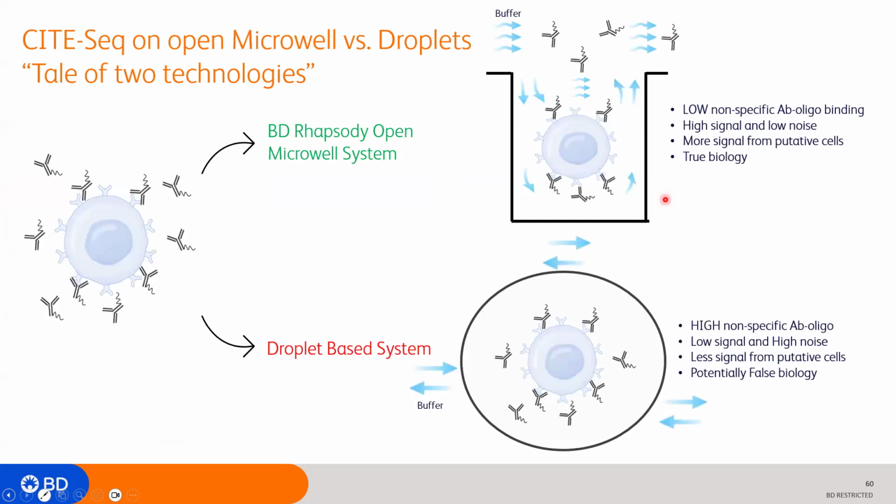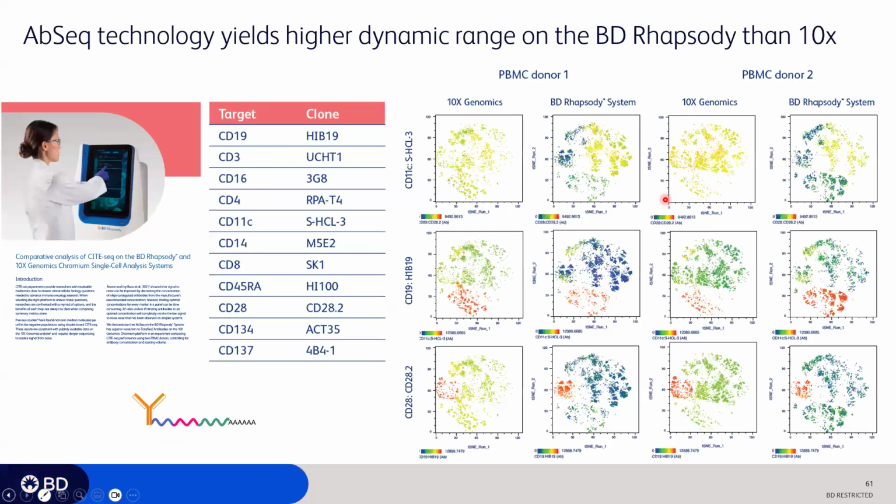What's nice about our open well system is that we incorporate extra on-cartridge washes for our SCIC protocol, and it allows us to remove unbound antibody as well as ambient mRNA and debris, and this is something that's not possible in a droplet-based system. And what this does for us is gives us a higher dynamic range for that protein expression in our data sets with a lower background. So we have really, really satisfied end users that get into SCIC with our antibodies with our open well system.